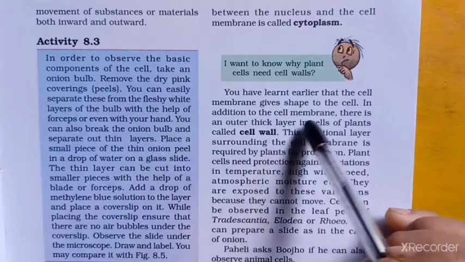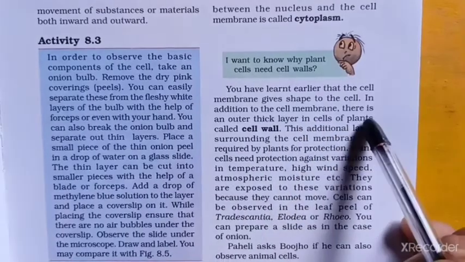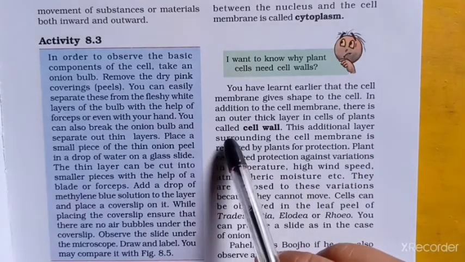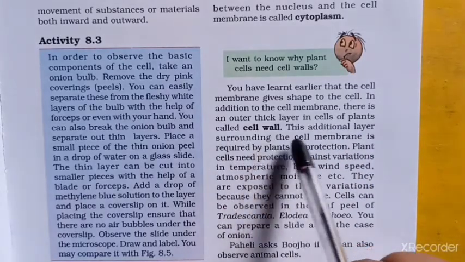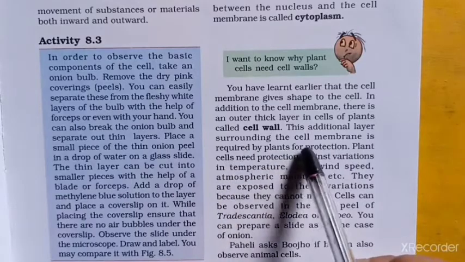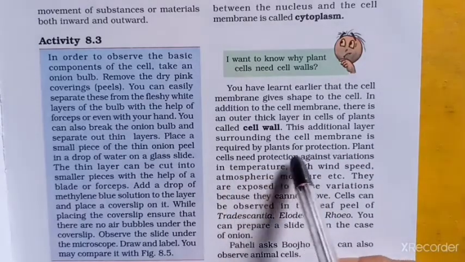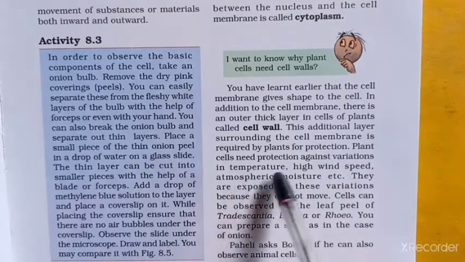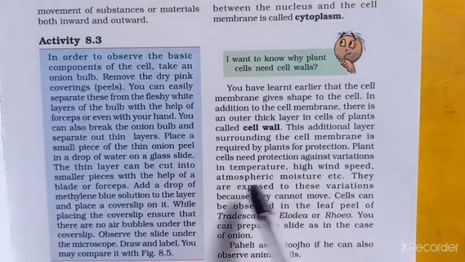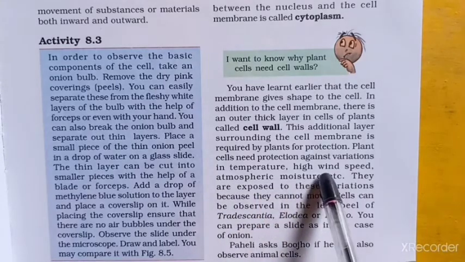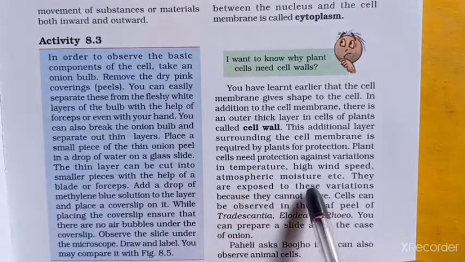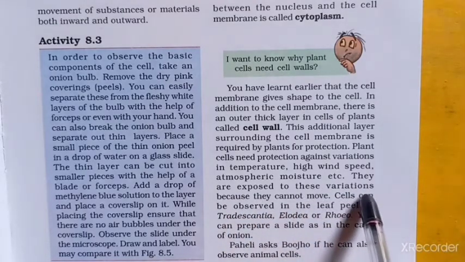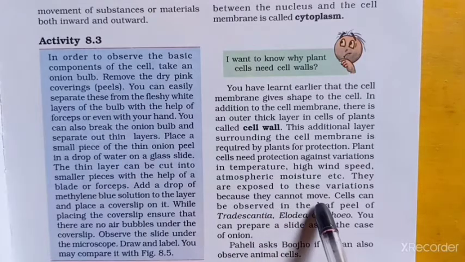In addition to the cell membrane, there is an outer thick layer in cells of plants called cell wall. This additional layer surrounding the cell membrane is required by plants for protection. Plant cells need protection against variations in temperature, high wind speed, atmospheric moisture, etc. They are exposed to these variations because they cannot move.